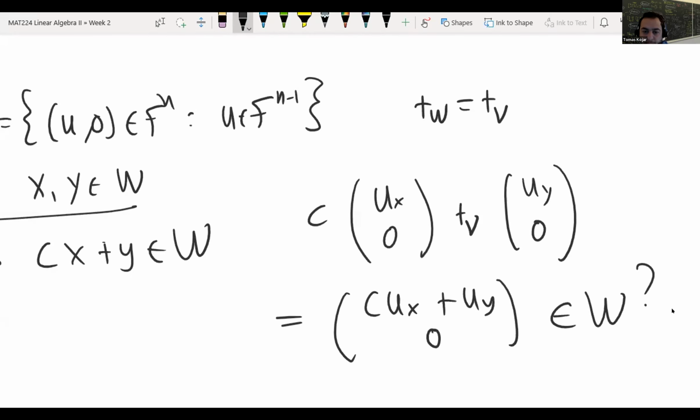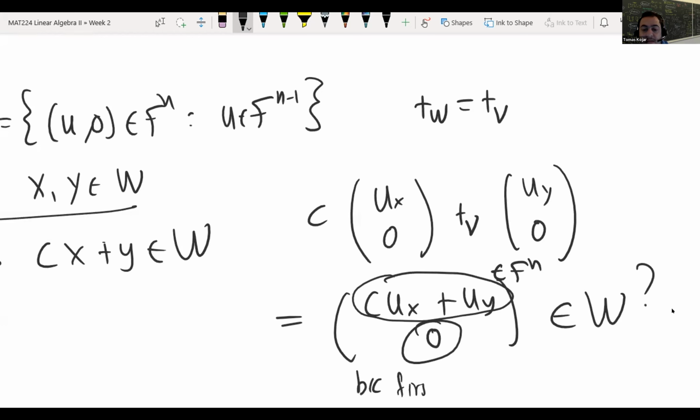So one is that this is in Fn and it has the 0 element, because the first part is in Fn minus 1, and we have the 0 element, and 0 is still there. Okay.